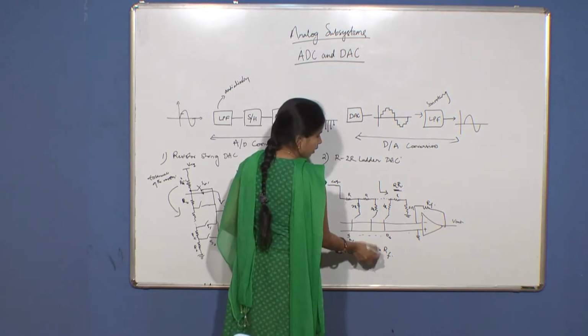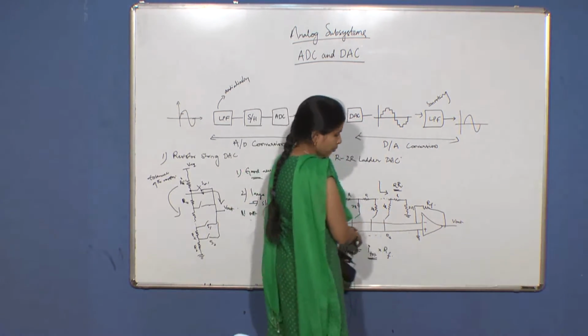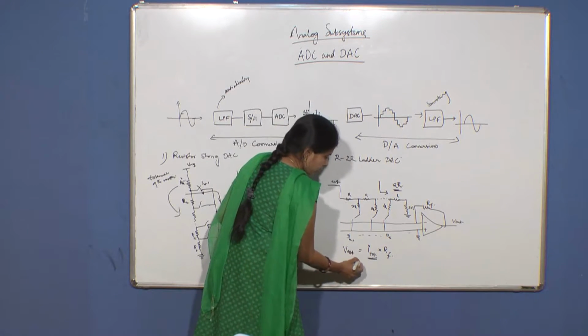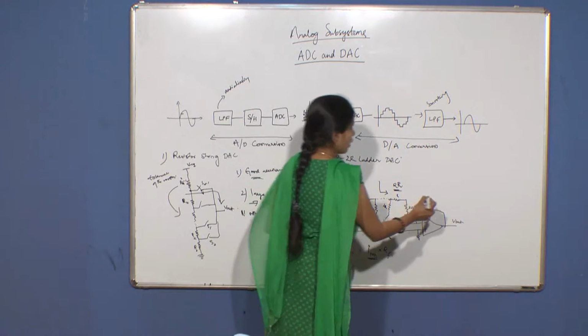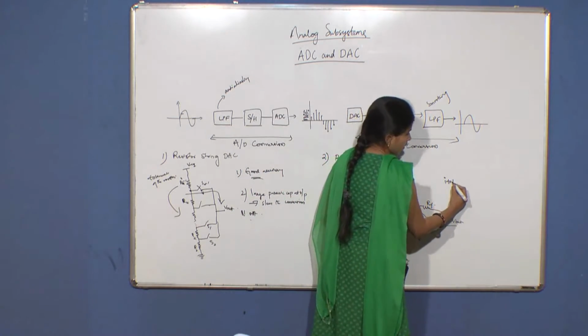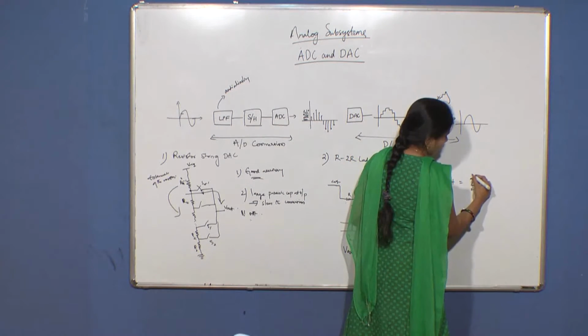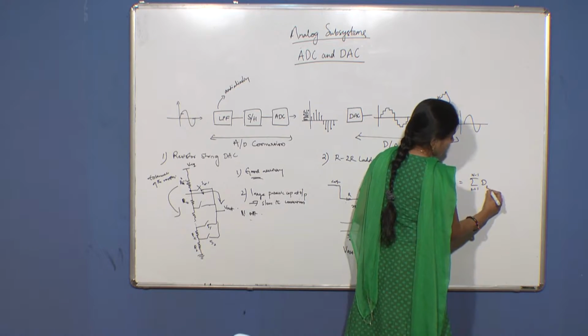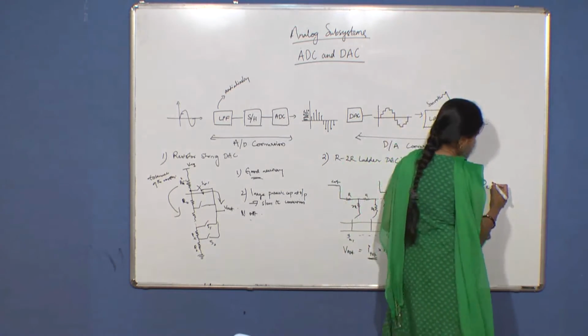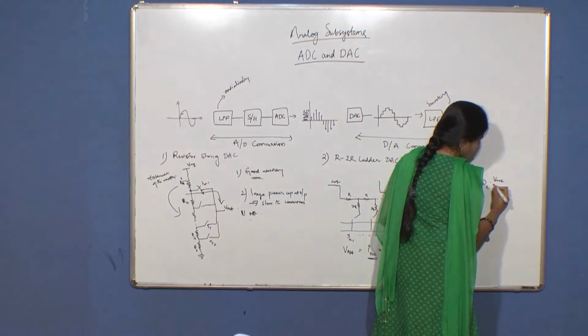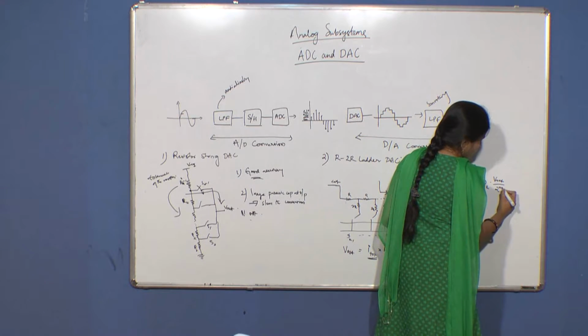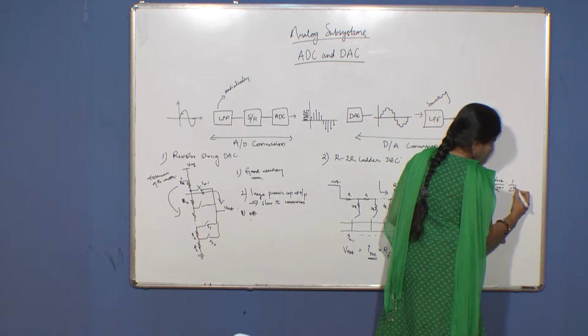Your I total depends on the digital input word which you are giving to the DAC. So this I total can be given as sigma k equal to 1 to n minus 1 of Dk, which is your digital word, times V reference by 2 power n minus 1, into 1 by 2R.